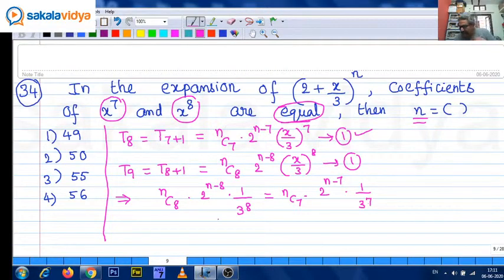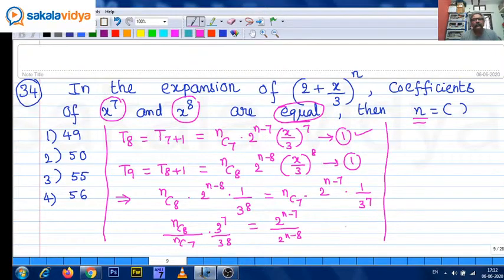So we need to rearrange the terms. nC8 upon nC7, so that we can apply shortcut, equal to 3 power 7 by 3 power 8 equals 2 power n minus 7 upon 2 power n minus 8.